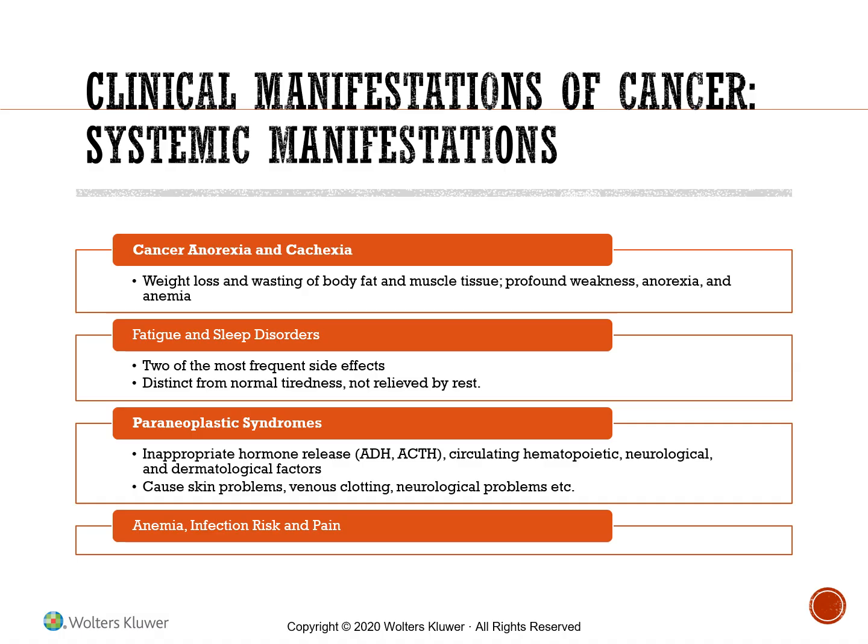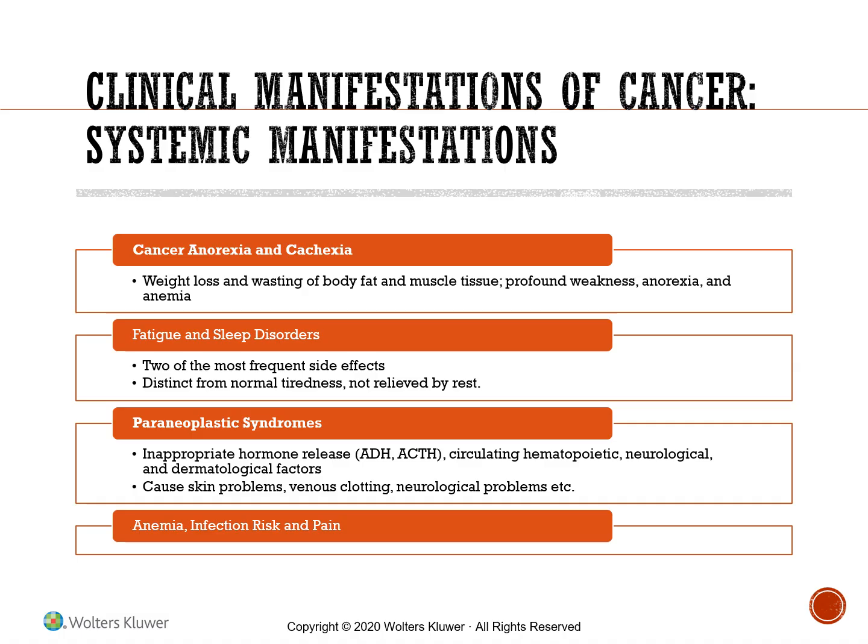They also can release neurological and dermatological factors. So we see things like skin problems, neurological deficits, again, increased clotting. Those are common manifestations that we see in patients with cancer.